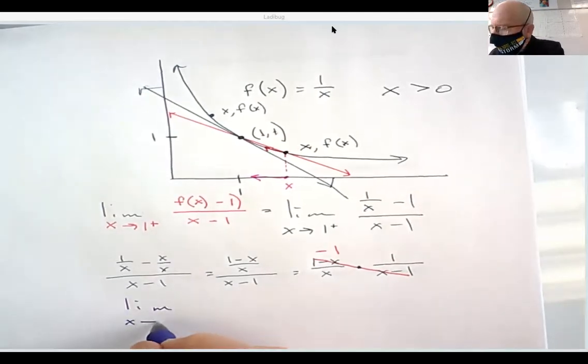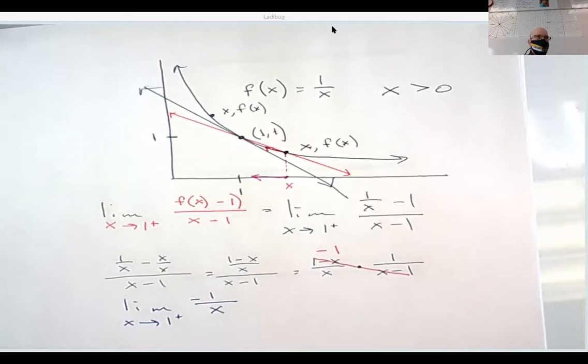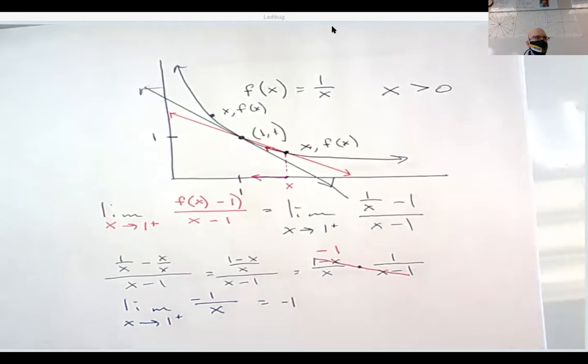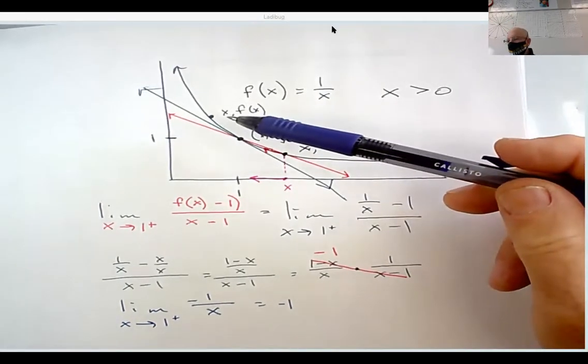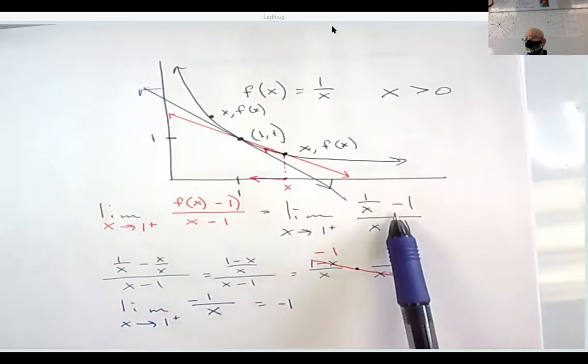So now I have this as my limit: the limit as x approaches 1 from the right of -1 over x. Does everybody agree with that? And can I plug in 1 here and not worry about dividing by 0? And do I get a -1? Now my argument is, if I would approach that from the left, the only thing that would change is I would have a minus sign here, correct? But I'd still have this, correct?